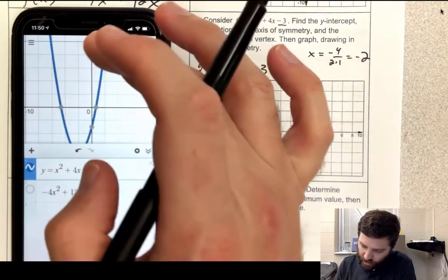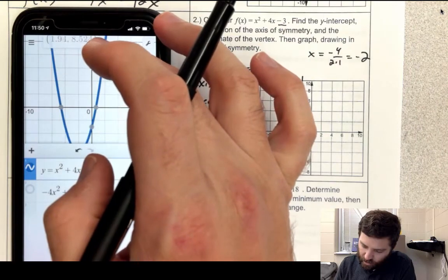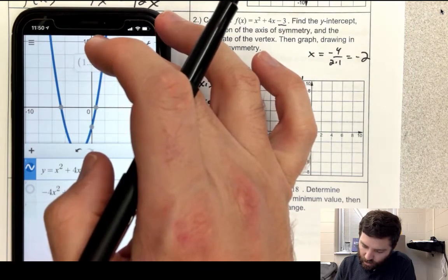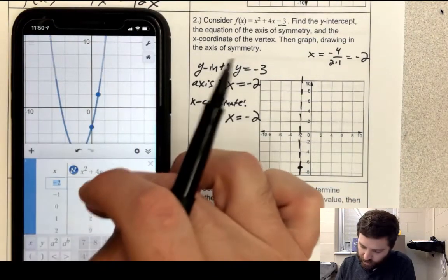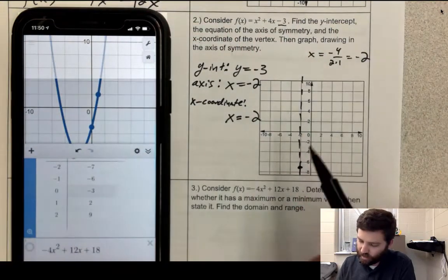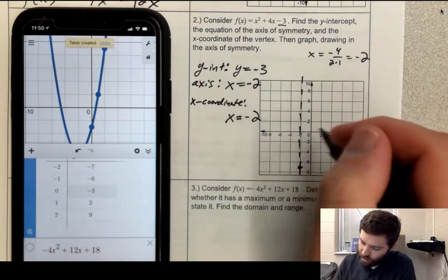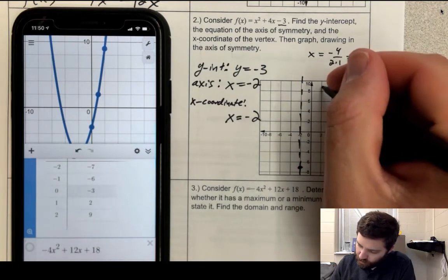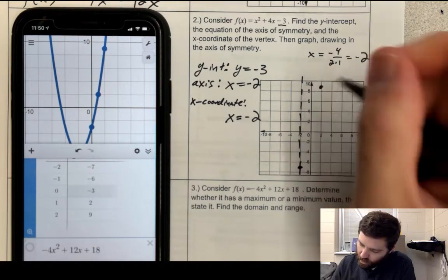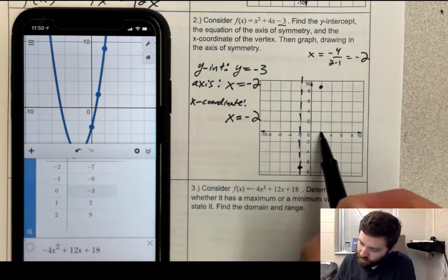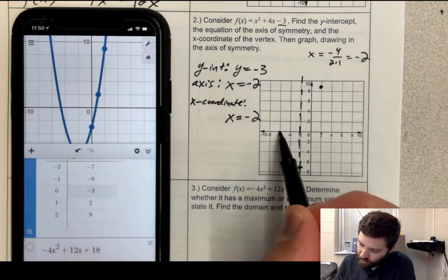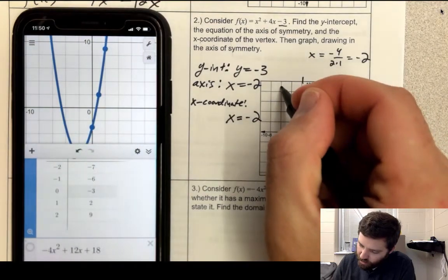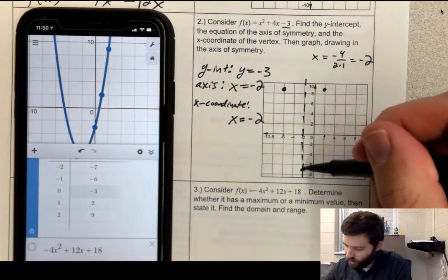So for instance, up here, we know that 2, 9, if you guys can see this or not, probably just easier to go with the table, I guess. But 2, 9 is on there. And then if you go over 4 units this way, we've got a y value of 9. If you go 4 units back this way, you'll also have a y value of 9. So you can plot the graph in that way as well.